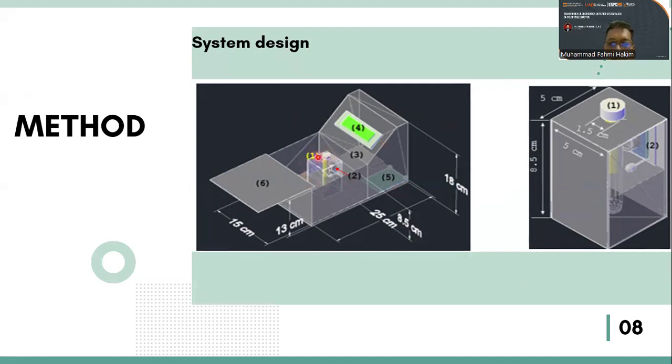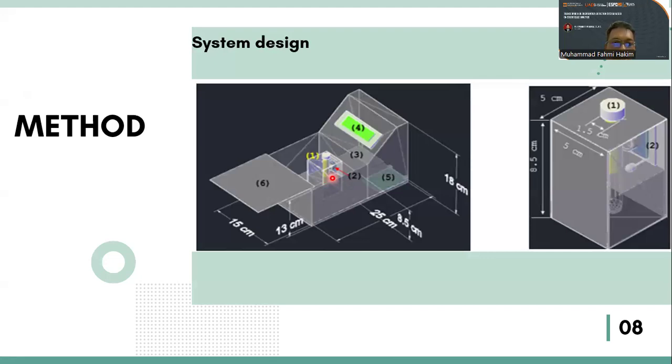Number two, pointed with the red line here, is the color sensor, that is TCS 3200.